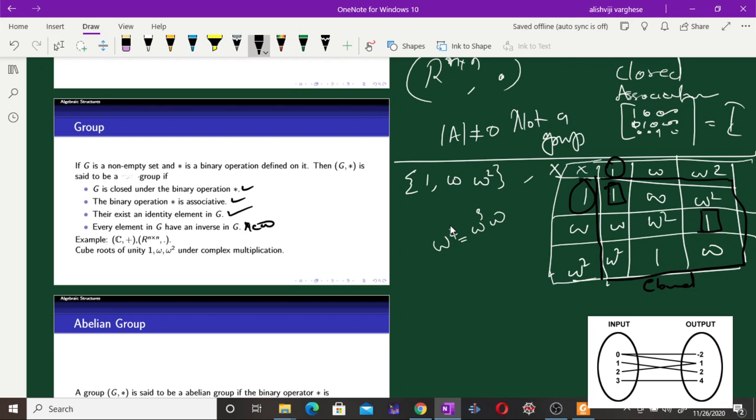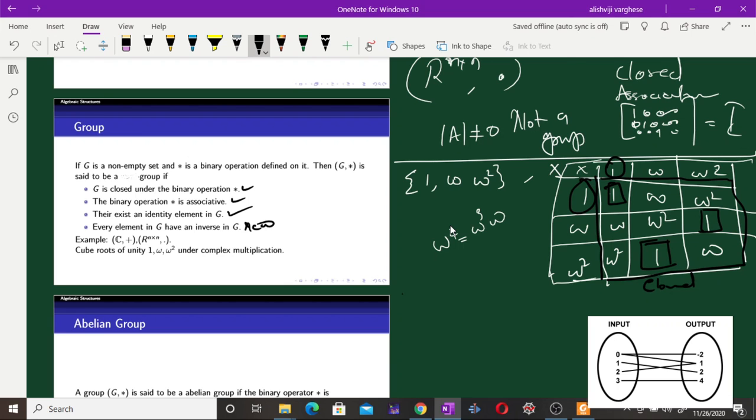Here we have a 1, which means omega has an inverse, which is omega square, and omega square has an inverse omega. So the entries of the columns which have the identity element as their entry correspond to the inverses.